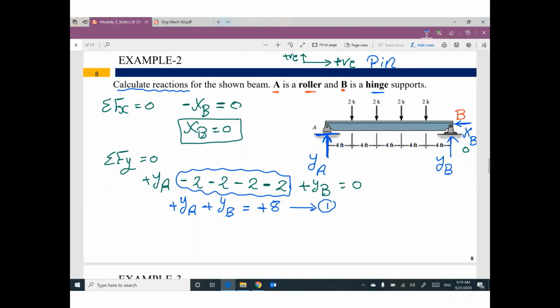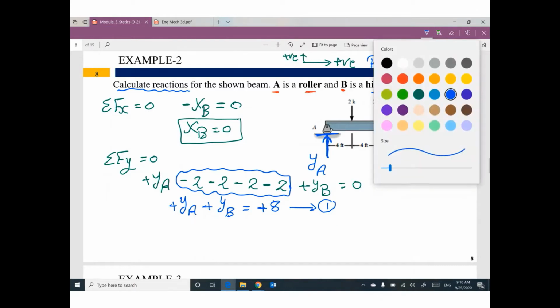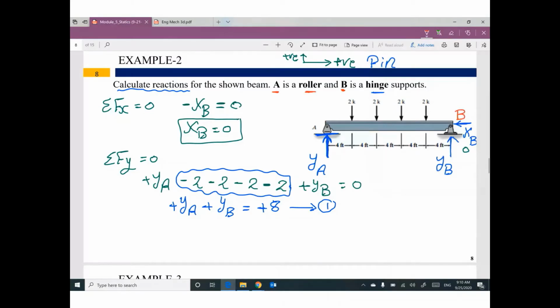Do you remember the last equilibrium equation? You need to pay attention to the third equilibrium equation: the summation of moments at any point equals 0.